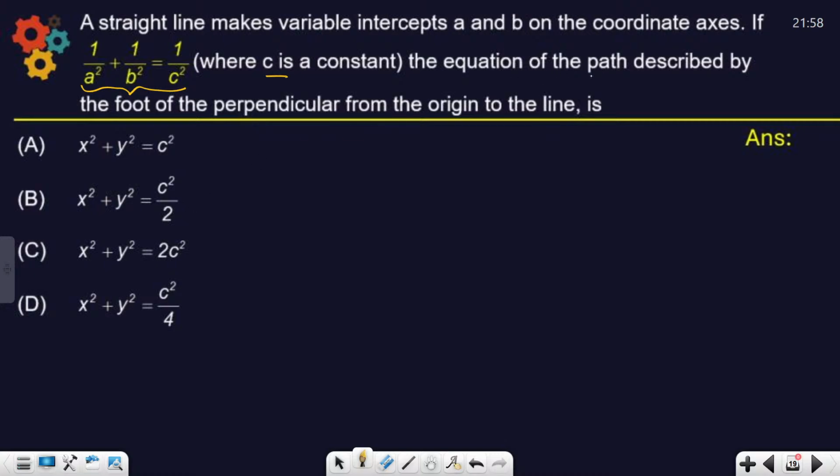The equation of the path described by the foot of the perpendicular from the origin to the line. Can you get the question? What they are asking is to find out the locus of the point, which is basically the foot of the perpendicular drawn from the origin to the given line. Okay, let me just draw this line first.